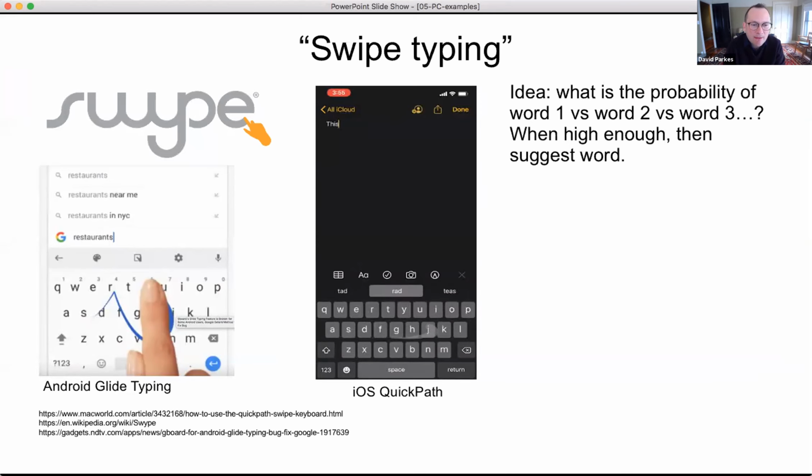And if you think about it, having the probability of whether you've just swiped out word 1 or word 2 or word 3 is going to be very important to designing an effective user interface.